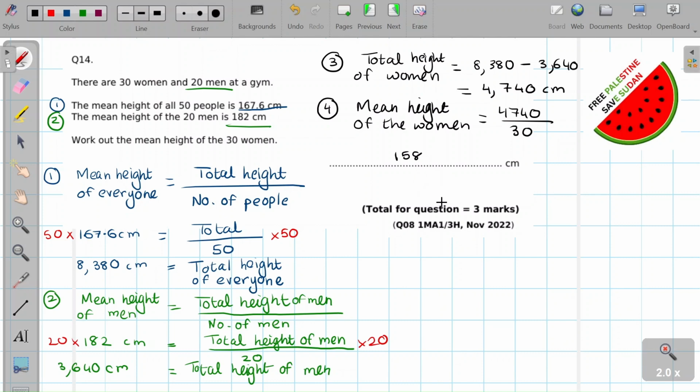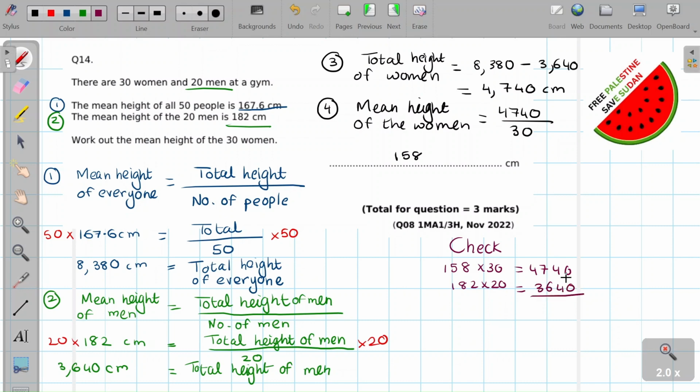Okay, how do I check this? I verbally explained how to check this in the previous question. I'll try because there's some space over here. So I would do 158 multiplied by 30. That gives me the total of the women is 4,740. And the total of the men is 182 times 20, which is 3,640.